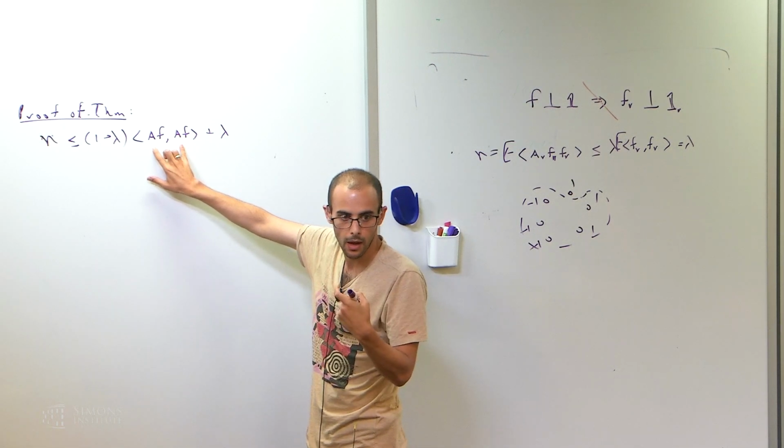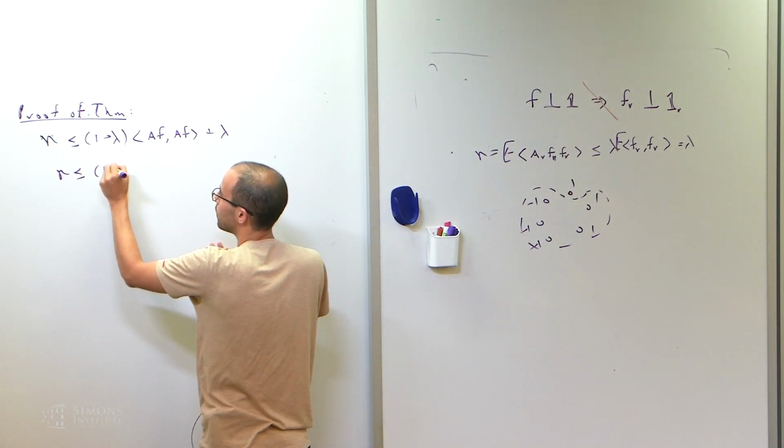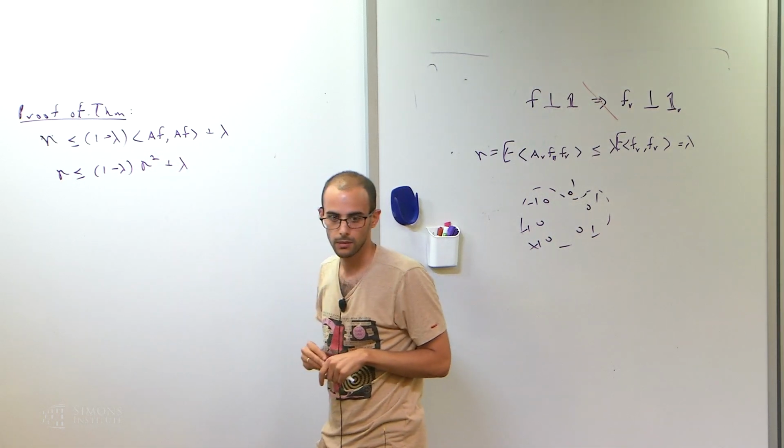Af is just gamma times f. So we get that gamma is less or equal to 1 minus lambda times gamma squared plus lambda.